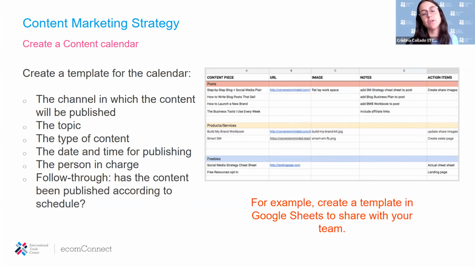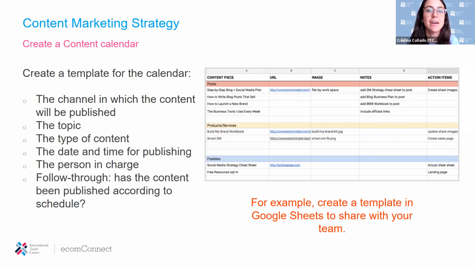And we can also create a simple Excel sheet where you can put what you want to publish, the date, the URL, the visual you're doing, some notes, if the element has been published or not, and the person in charge.